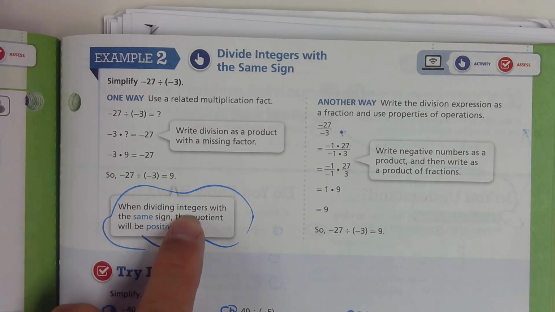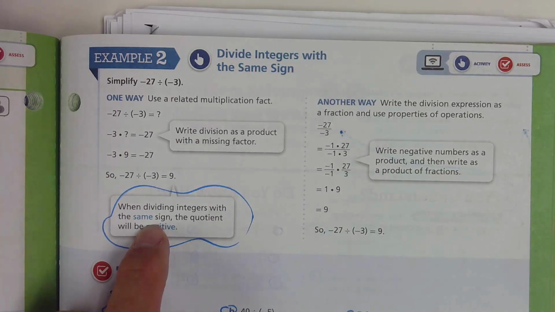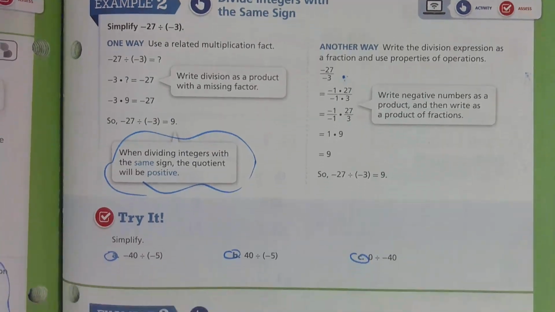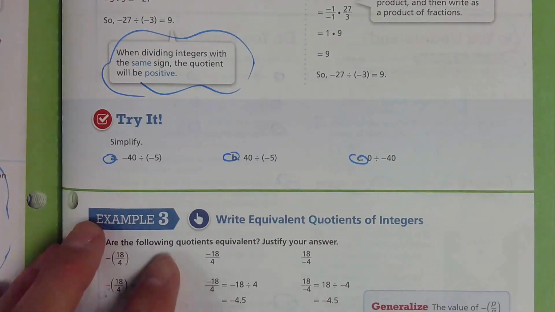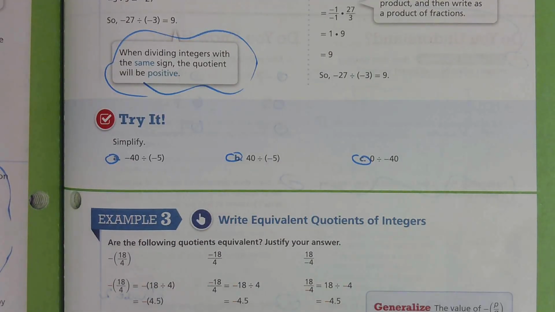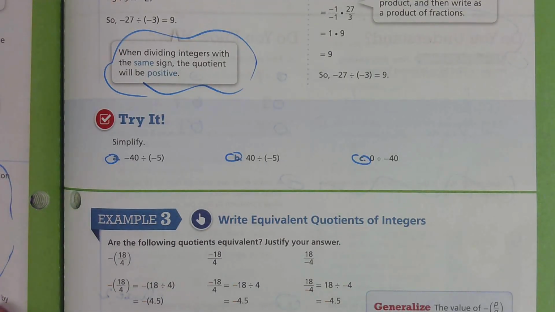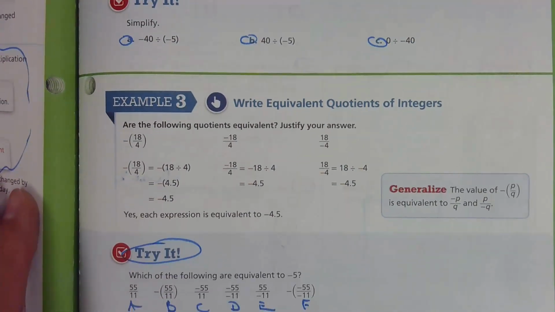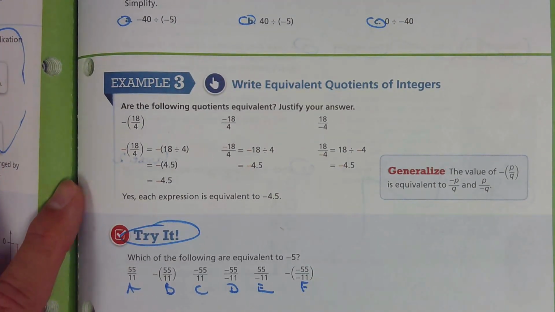It says when dividing integers with the same sign, they're both positive, or they're both negative, the answer will be positive. Okay? Circle A, B, and C. Example 3, I'll let you look at that one.